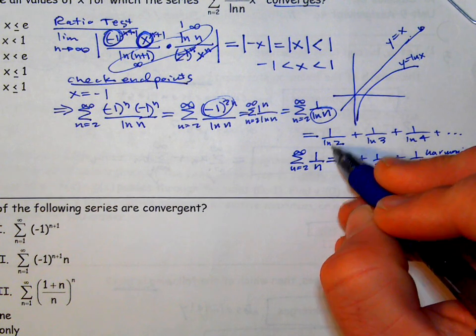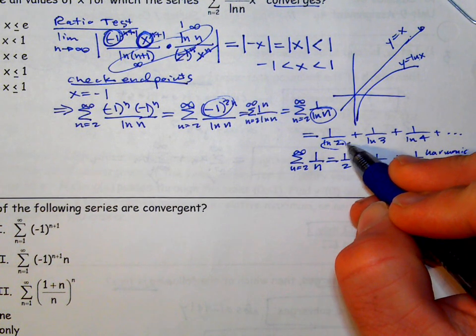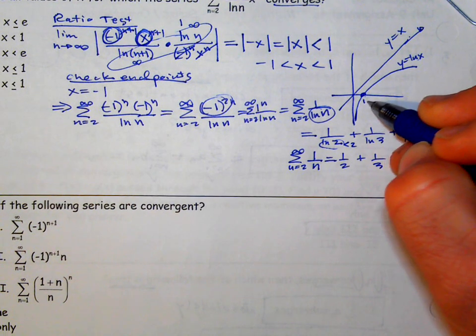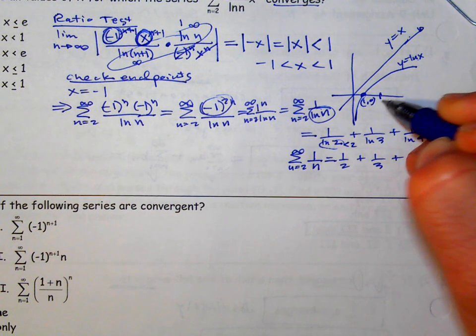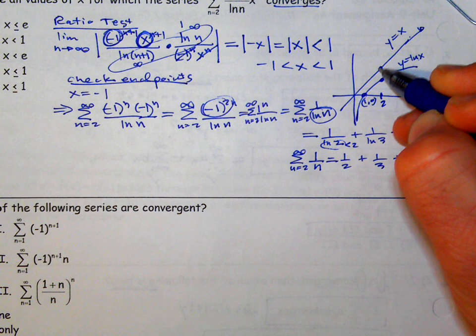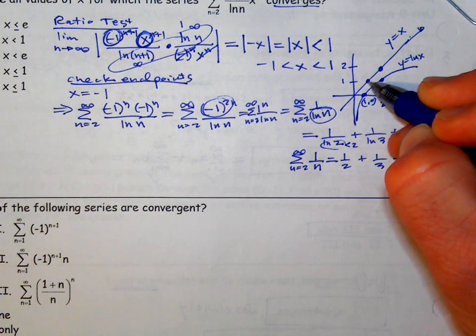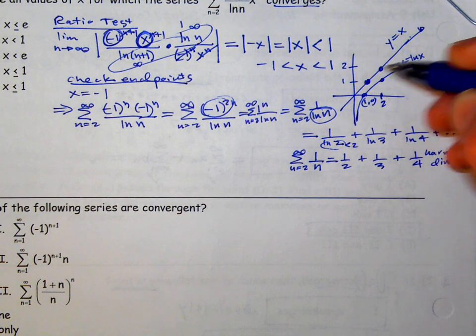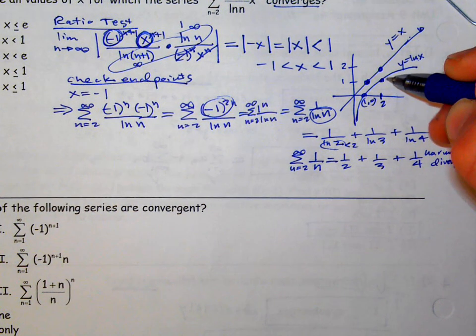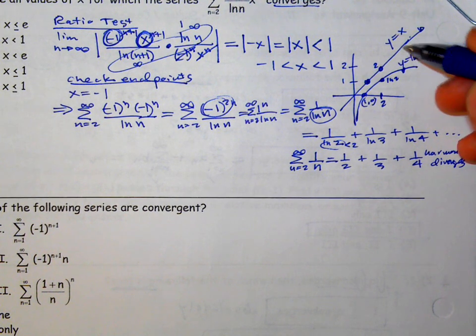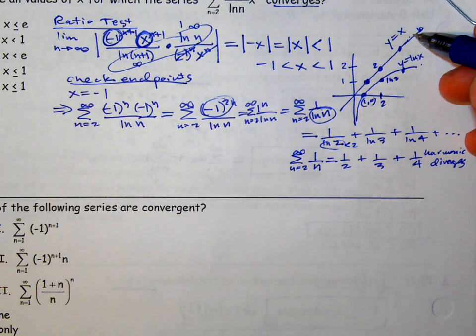Natural log of 2 is smaller than 2, just to make it more obvious. Natural log of 3 is smaller than 3. Natural log of 4 is smaller than 4.